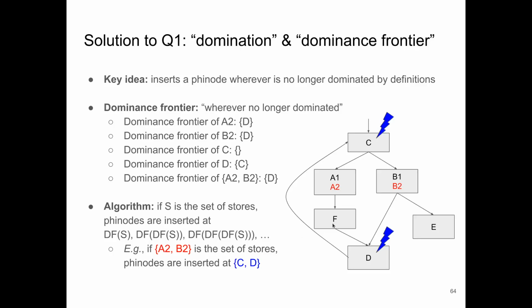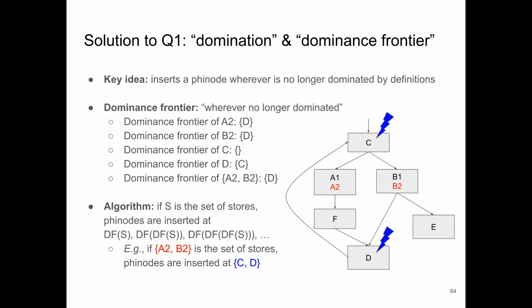And also at F, we can be sure about the stored value because it is dominated by this A2. At this point, in the block F, the stored value should be the one stored in this A2. But at the beginning of this D, the story becomes a little bit more complicated.